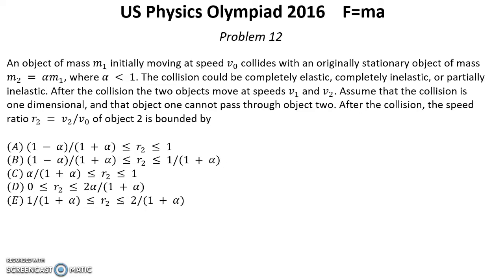After the collision, the two blocks move at speed v1 and v2. Assume that the collision is one-dimensional and that object 1 cannot pass through object 2. After the collision, the speed ratio r2 equal v2 over v0 of object 2 is bounded by the following inequalities.